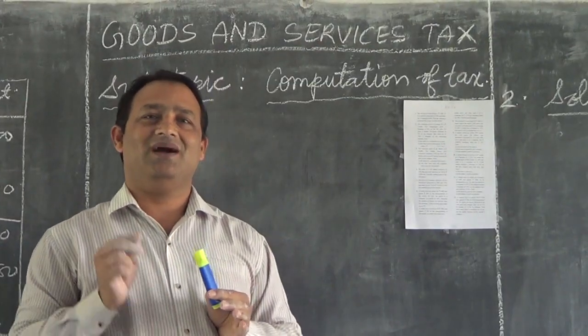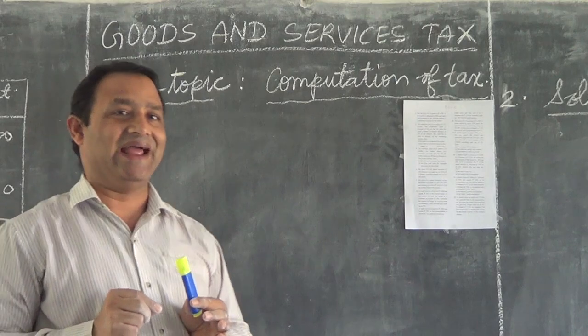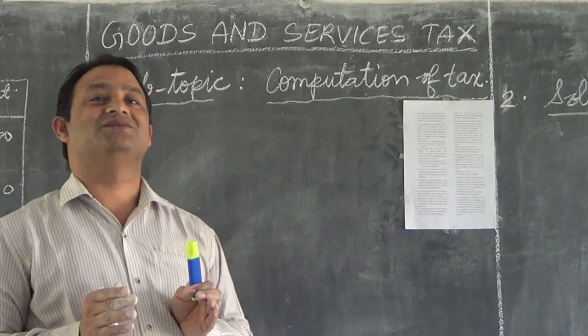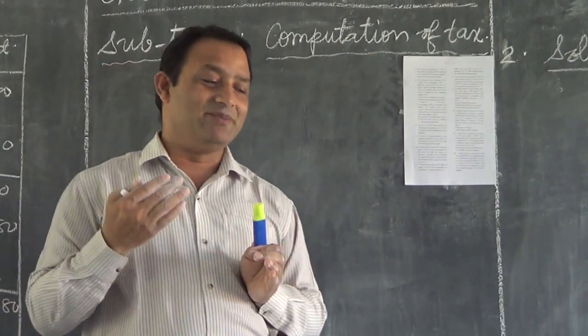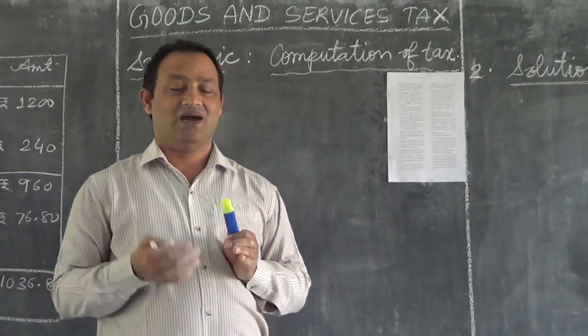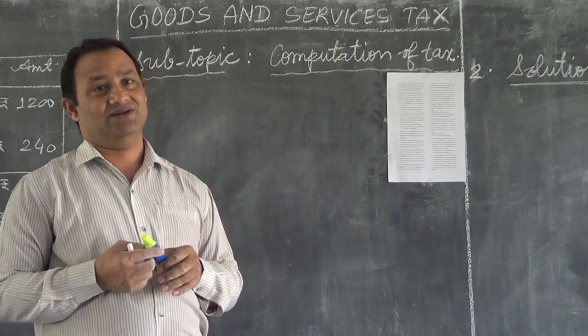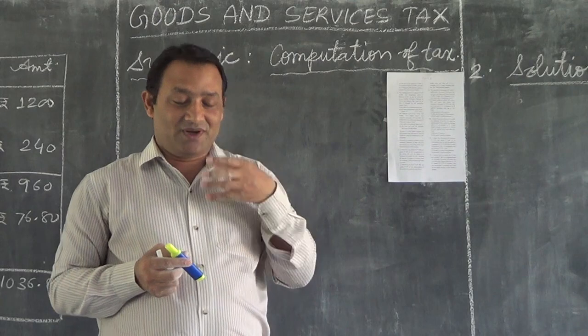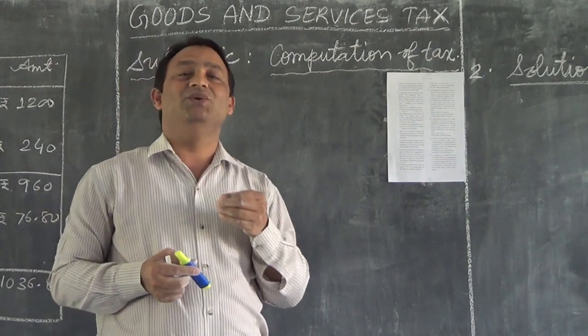We have to learn how to compute the tax on different prices. When different kinds of prices and different information are given to us, how to compute the tax. These are the simple basic skills. So you need to develop the tax computation skill.